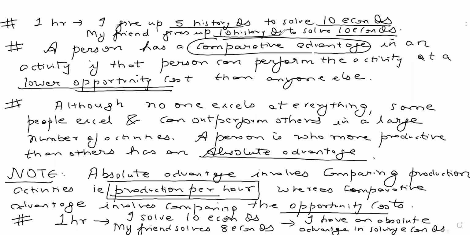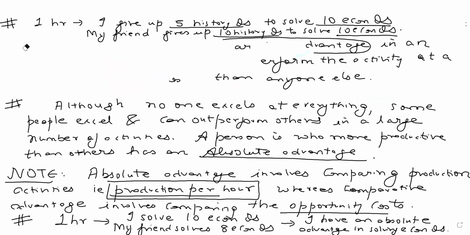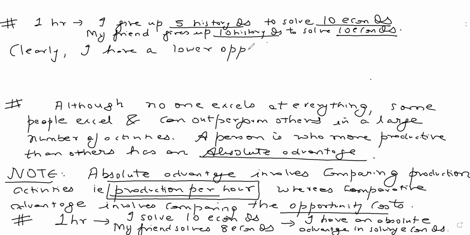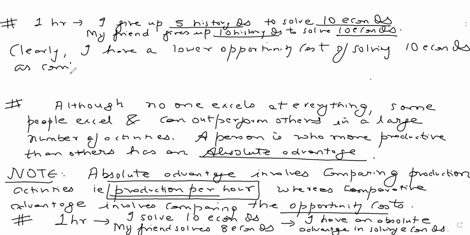So I can write that clearly I have a lower opportunity cost of solving 10 econ questions as compared to my friend.